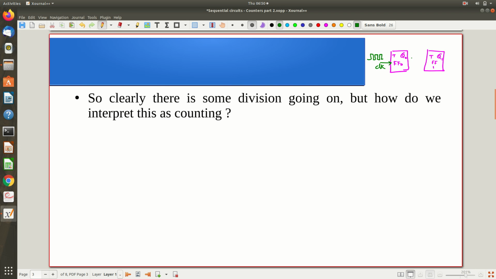Then I am taking the output of this and applying it as the input clock to this. You know it is of half the frequency, and I am observing this Q0 and similarly this Q1, both. Q0 and Q1 waves.